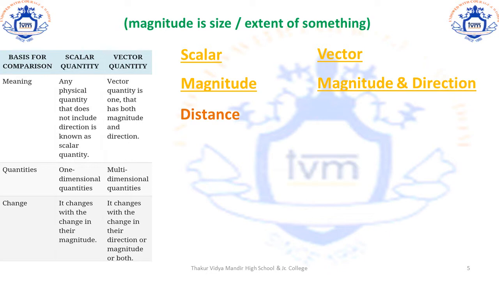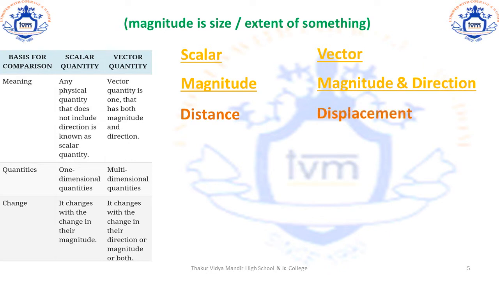So when I need magnitude as well as direction, will displacement be a scalar or a vector quantity? I am asking you for a numerical value plus the direction in which to move, to change the place from one place to the other. So displacement is basically a vector quantity.